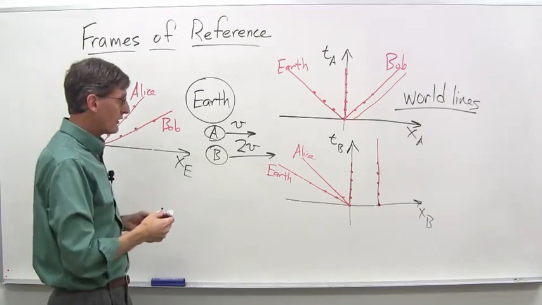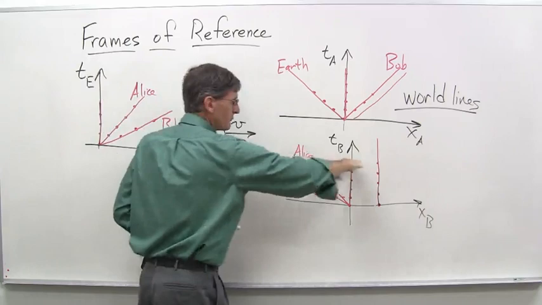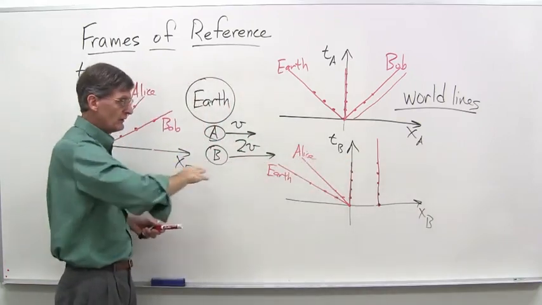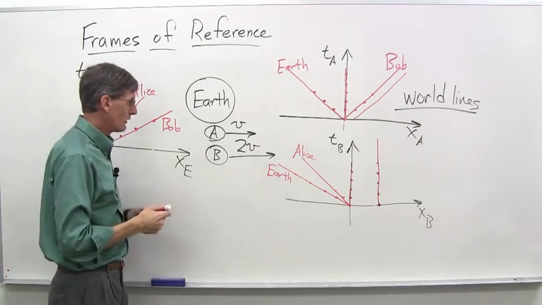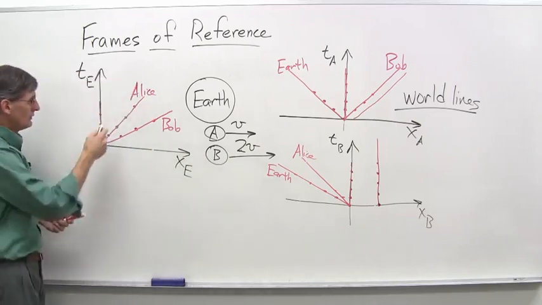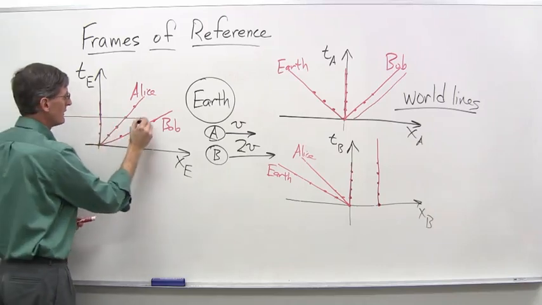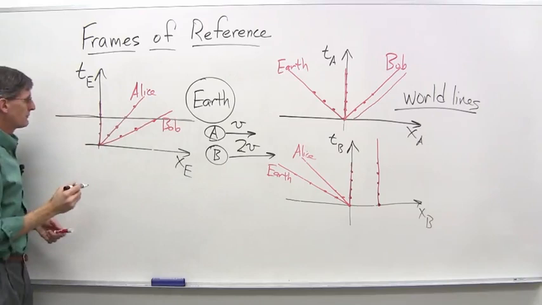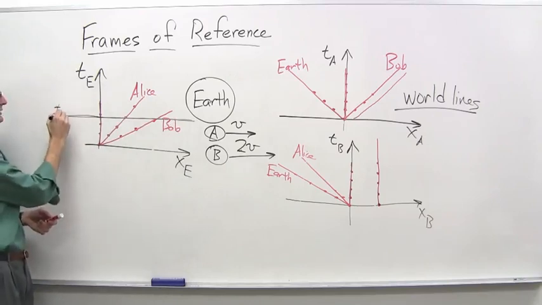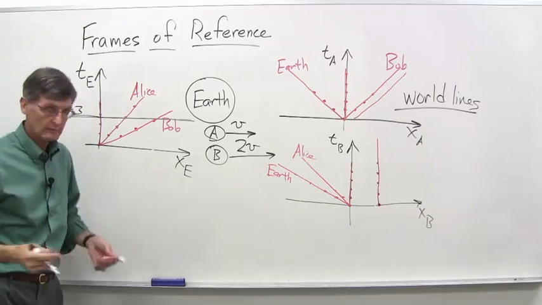So that's a vertical line. What about a horizontal line? A horizontal line, as we've emphasized, represents everything that goes on in that frame of reference at that given time. So if I draw a horizontal line, we'll come over here to Earth's perspective. If I draw this horizontal line right there, more or less, that represents the time. We'll call that TE equals 3 seconds or 3 minutes or whatever it is.